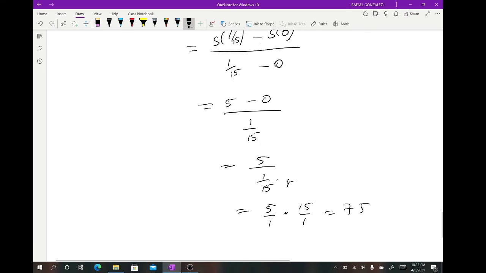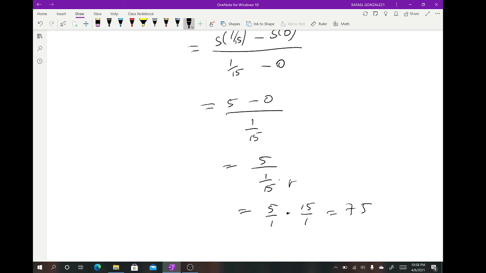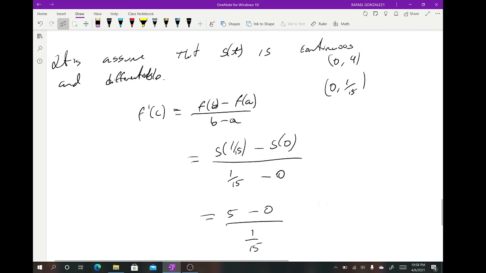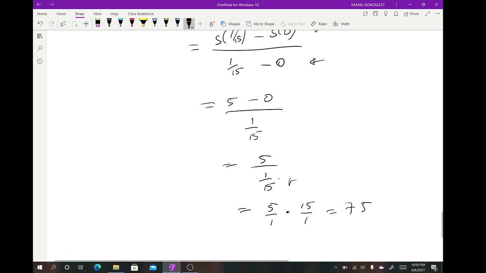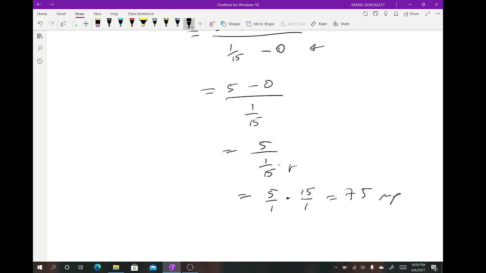But remember that we're talking in terms of miles per hour here, because this right here is given to us in terms of time, and this right here is given to us in terms of miles. So this is 75 miles per hour.